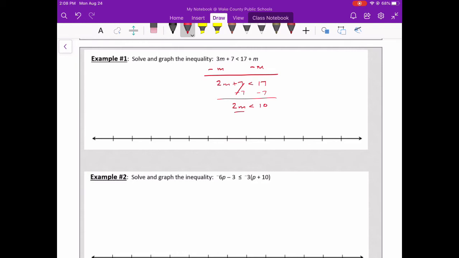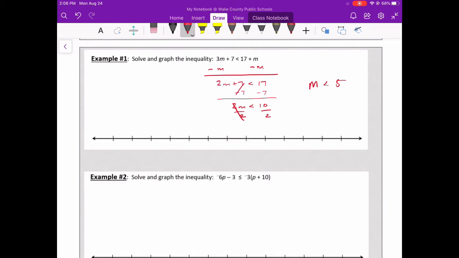Now I'm going to divide both sides by 2, and since that's a positive 2, I don't have to worry about changing the sign. 2 divided by 2 is 1, so those cancel, and m is less than 10 divided by 2, or 5. Okay, now I'm not done. I've got to graph this. This is m is less than 5, so it's all of the numbers, infinitely many, that are smaller than 5.